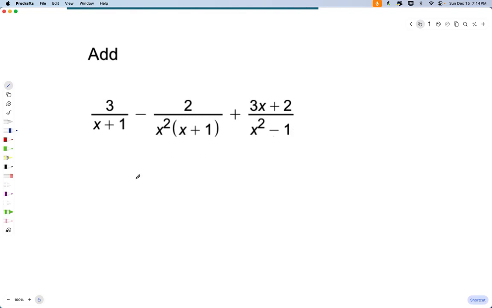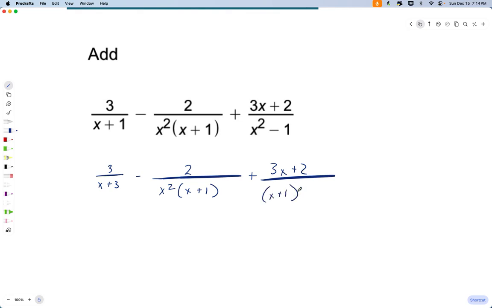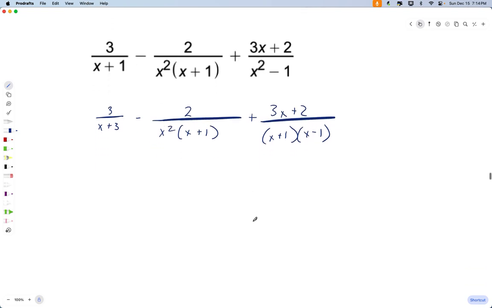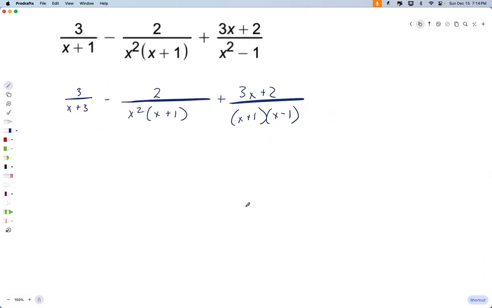So we've got 3 over x plus 1 minus 2 over x squared times x plus 1 plus 3x plus 2 over x plus 1 times x minus 1 when we factor that. So that's the trick to it, recognizing this is the difference of perfect squares.